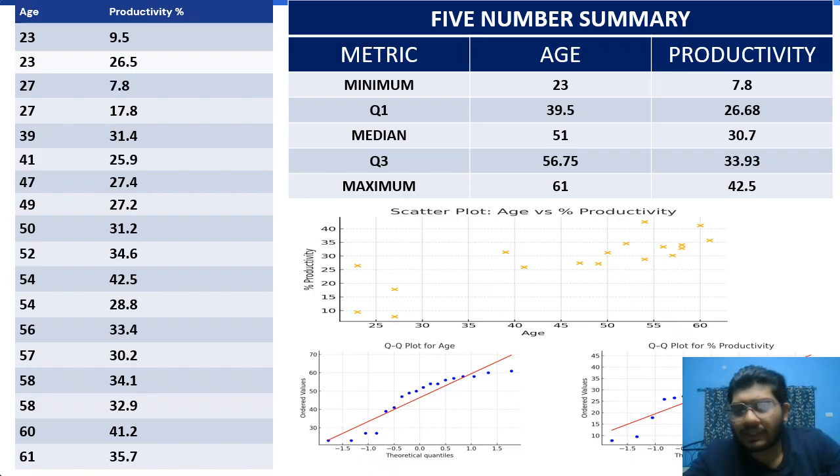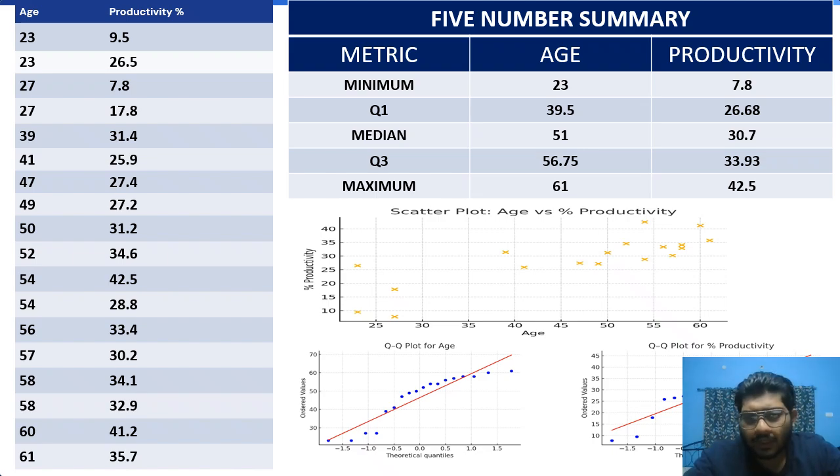Now here we have plotted a scatter plot of age versus productivity. On the lower x-axis you will see the age, and the first one is around 23. You can see the first one is 9.5, then 26.5 for the same age.